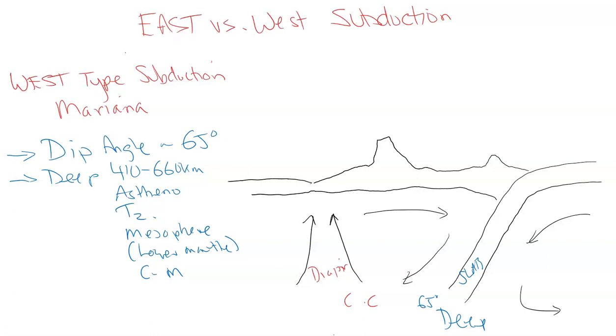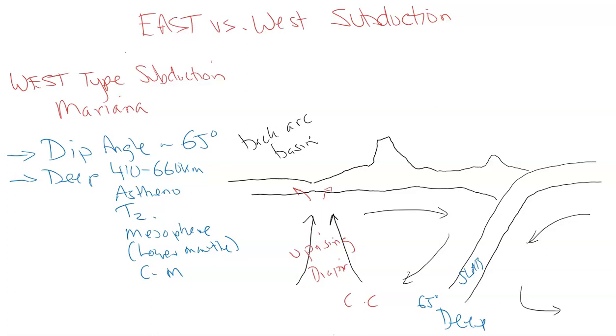So with the slab having an increased dip angle, you have the convection currents allowing and encouraging this slab to go down, but also you have this uprising right here, this diapir, a plume of material, in this case magma, that is going to come up and force its way through the crust and start to form what's called a back arc basin.